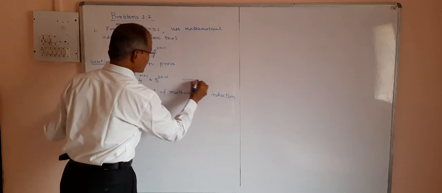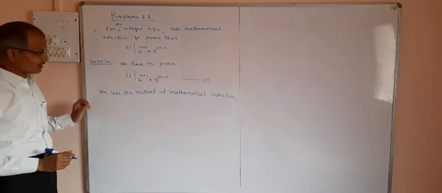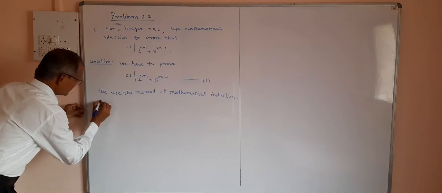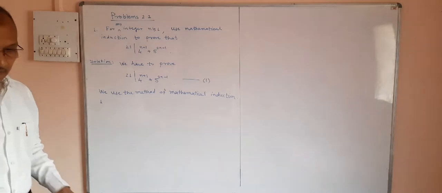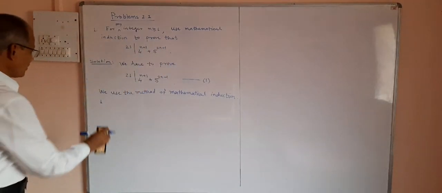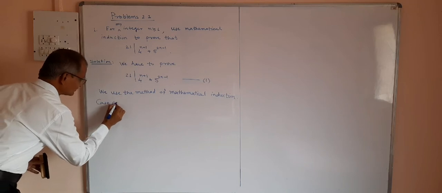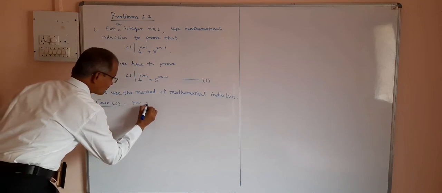Suppose this is statement 1. Prove this result is true for n is equal to 1. Case 1, the result to be proved for n is equal to 1.